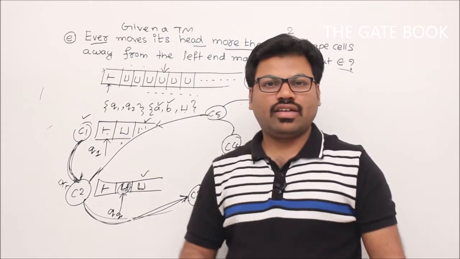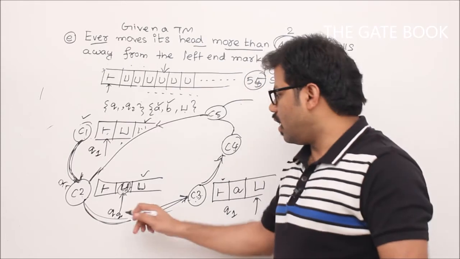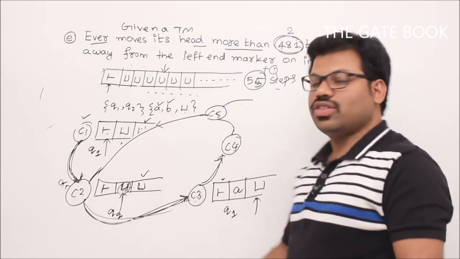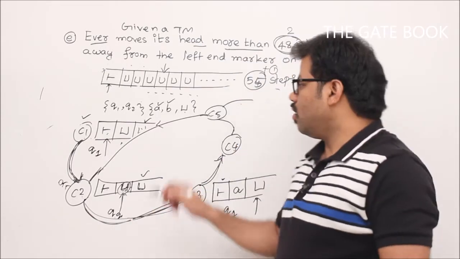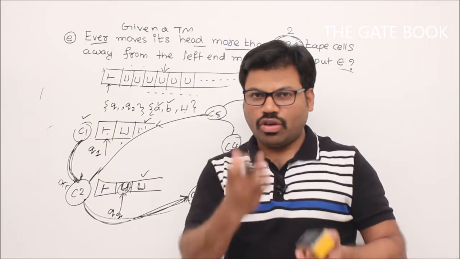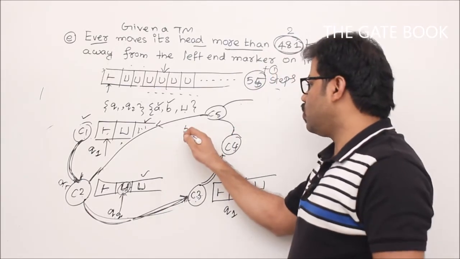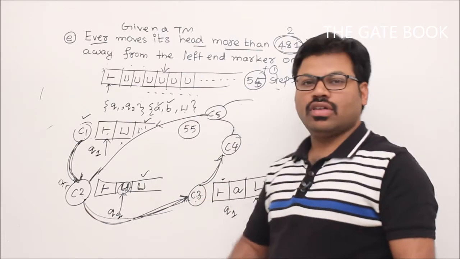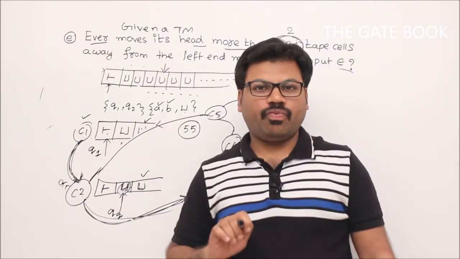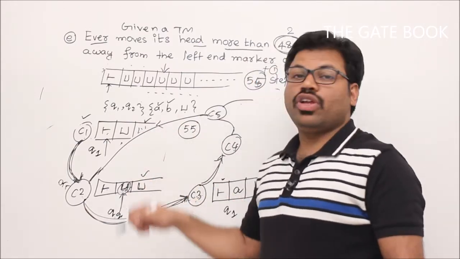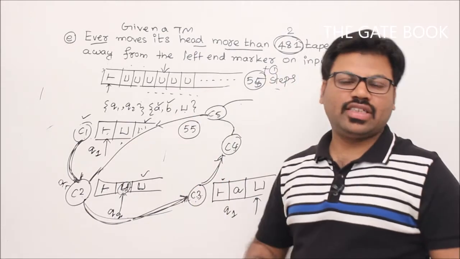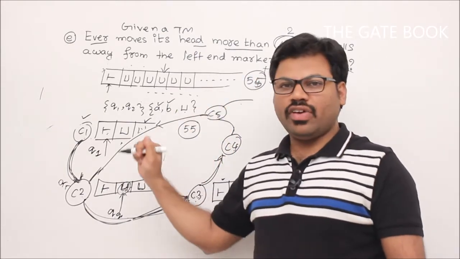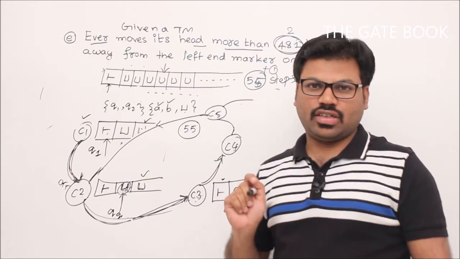Q2 blank, then there will be only one move, then again we'll go to C3. So what I want to say is, my dear student, whoever is watching my video, run this Turing machine for 55 steps. If there is a loop, then your Turing machine never goes out of these configurations. It will be looping here forever.